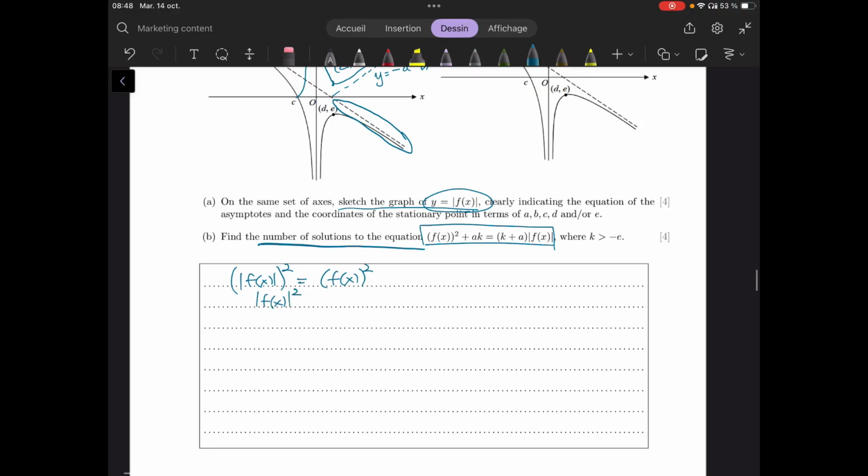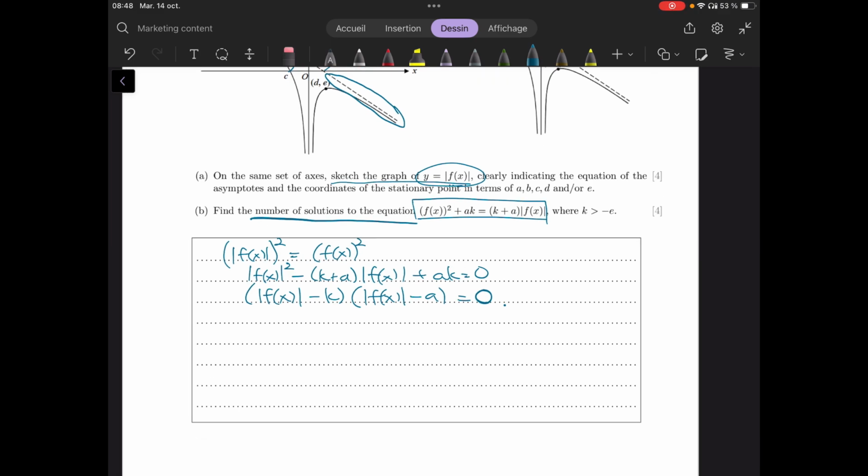In fact, all we have to do is factorize this equation, and it will boil it down to this simple equation. In other words, we want to find the number of solutions to both equations f of x equals k and f of x equals a.